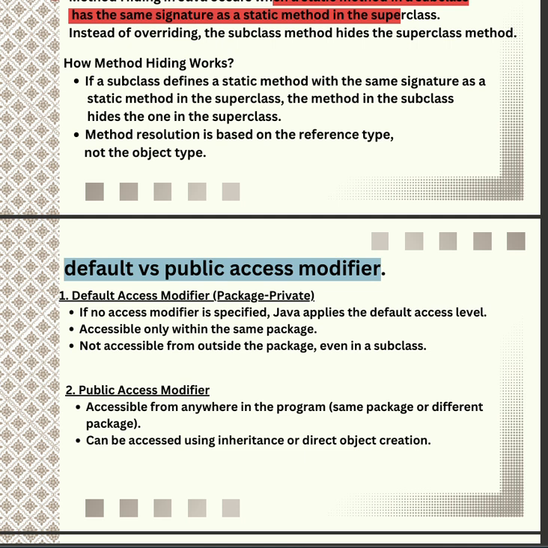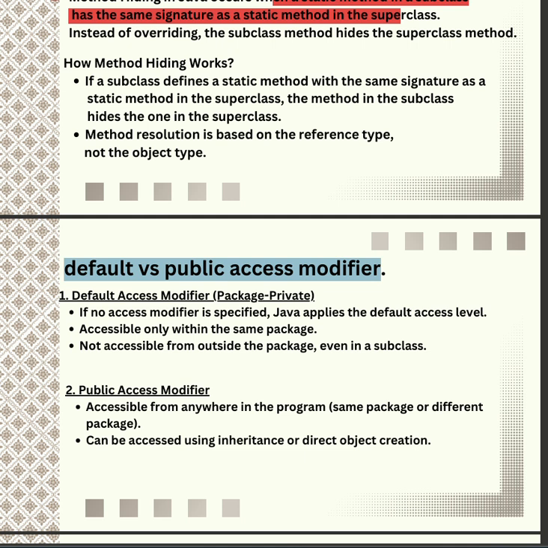A public method, variable or class can be accessed from anywhere in the program: within the same class, the same package and a different package also. The default access modifier means if no access modifier is defined, it is considered default. It is accessible only within the same package, but not from a different package.